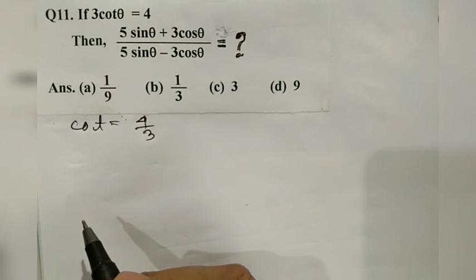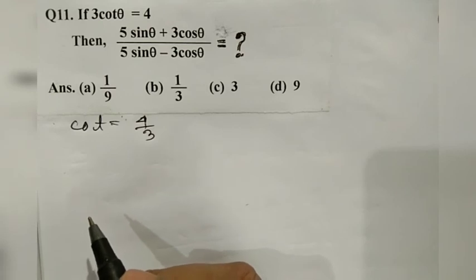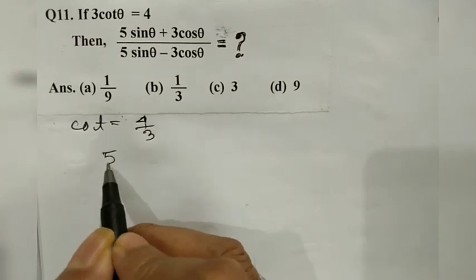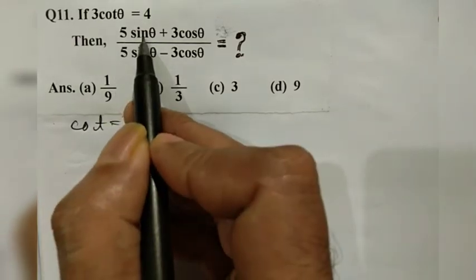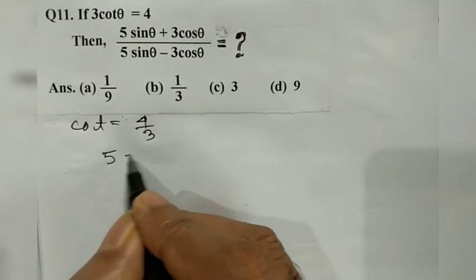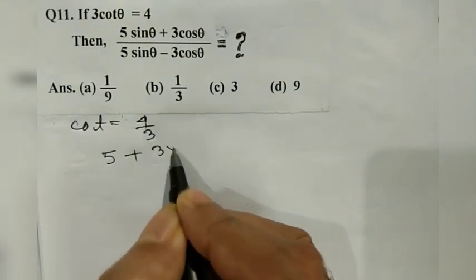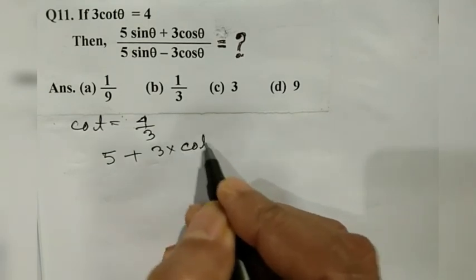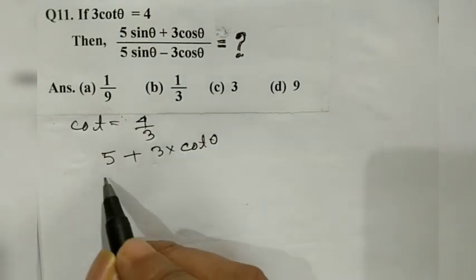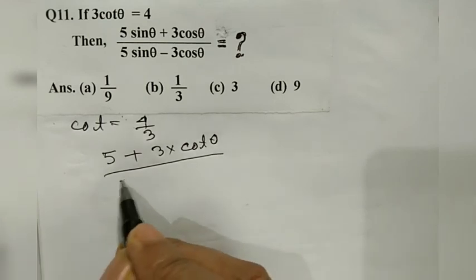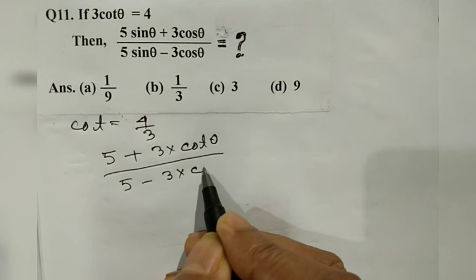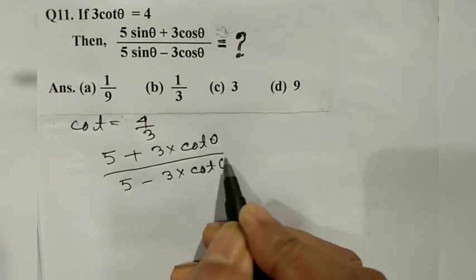On dividing numerator and denominator by sin theta, we get (5 plus 3 cot theta) by (5 minus 3 cot theta).